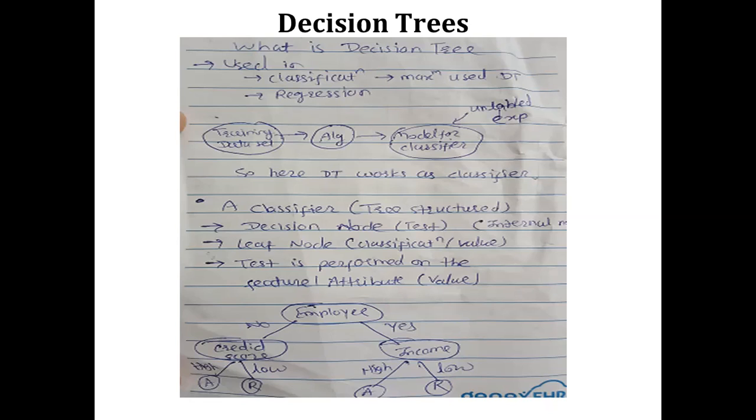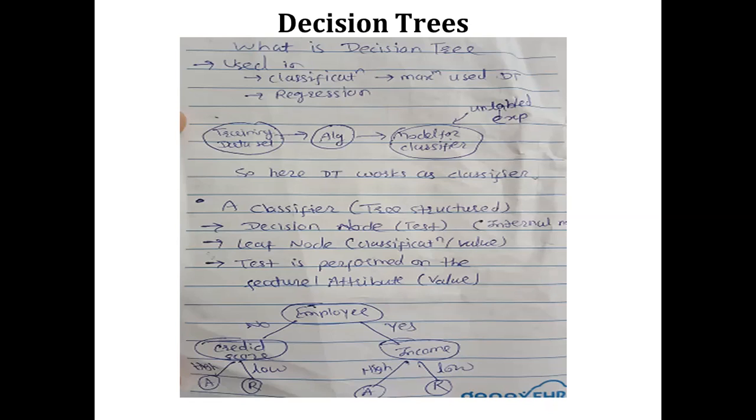For example, if the employee is no but the credit score is high, we can approve the loan, or reject the loan likewise. Approve and reject are the classes given to that particular data. So this is called a leaf node, or the classification node, or the value.